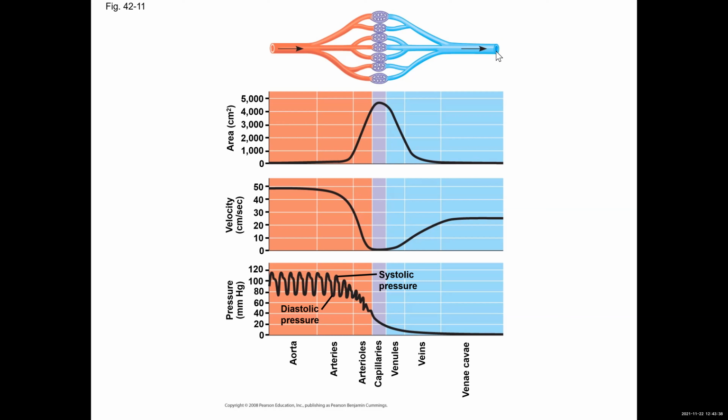So we want to look at the effect moving through a capillary bed has on 3 variables. And these variables are the area, the cross-sectional area of the circulatory system at that point. And then what the effect of that is on the velocity, or the speed the blood is flowing, and the pressure. Velocity and pressure can be separate from one another.